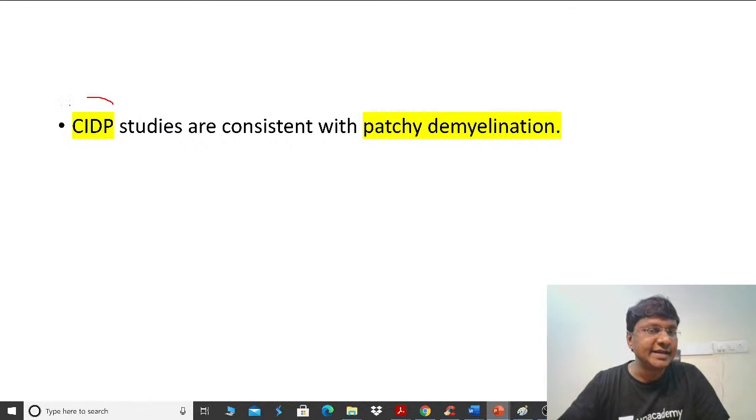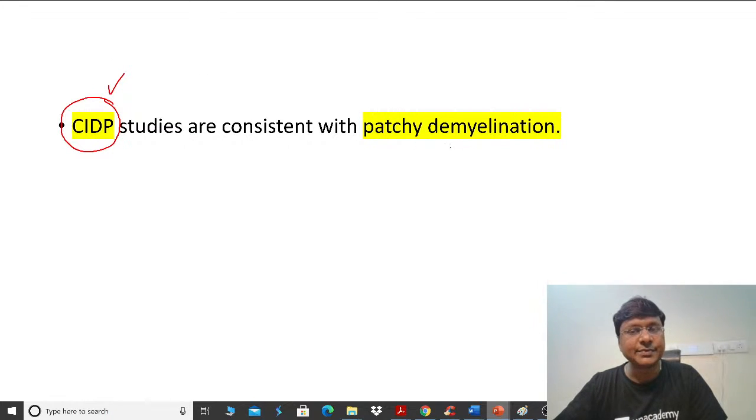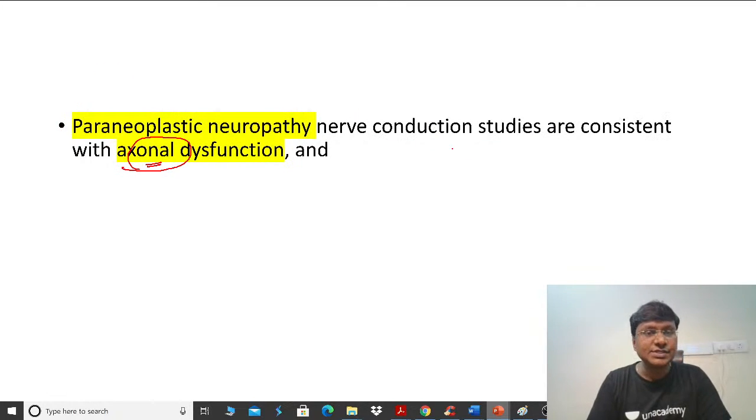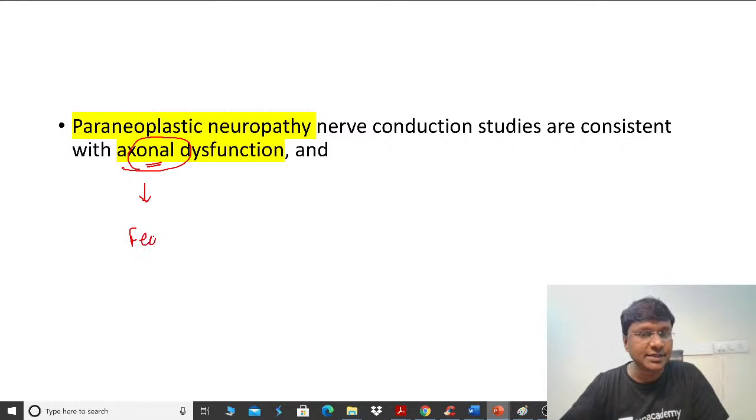Whereas in CIDP, that is chronic inflammatory demyelinating polyneuropathy, they are consistent with patchy demyelination. Now, what will be the features of your axonal neuropathy?